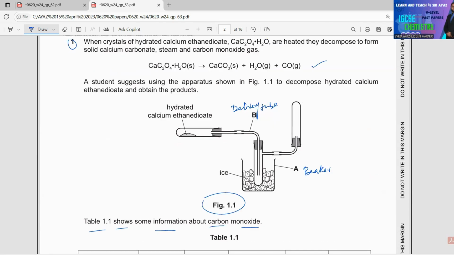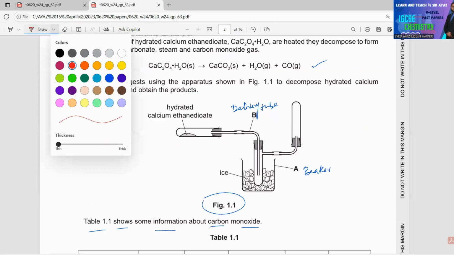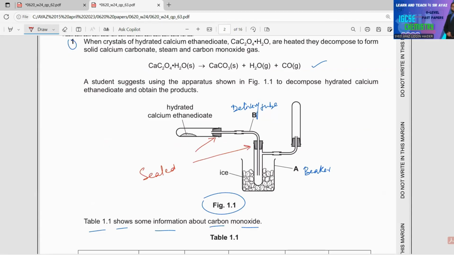This apparatus is sealed. So this one is the danger. It will result in the pressure buildup of any gas produced, and this may result in a breakdown or explosion of the whole apparatus.